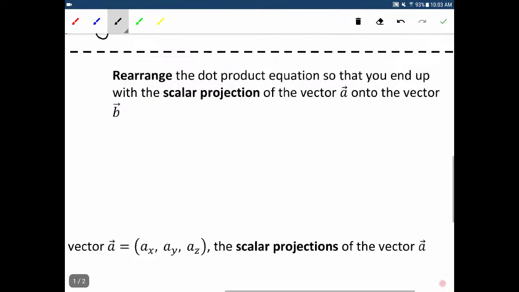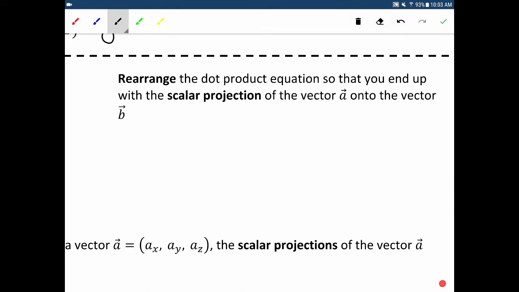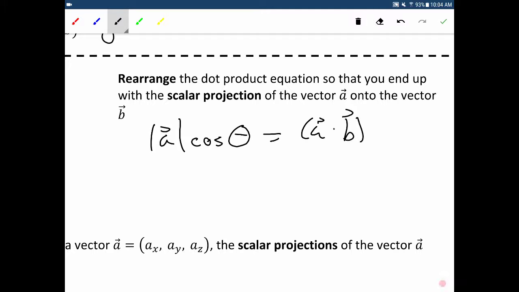In fact, if we rearrange it just by dividing by the magnitude of B, then on the right you would have A cos theta, since I've divided out the magnitude of B, and that's going to equal A dot B divided by the magnitude of B, which was the same as the formula for scalar projection.